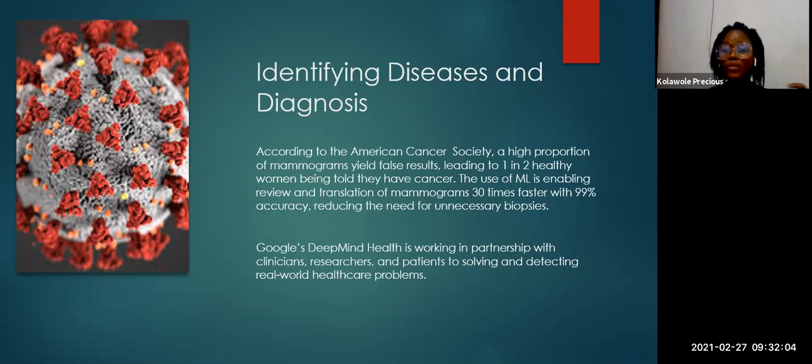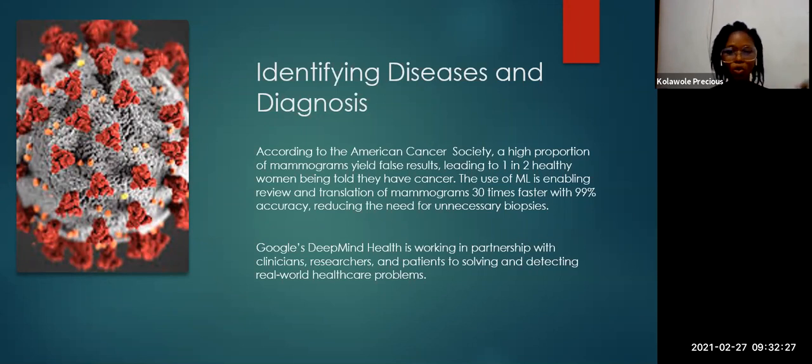The use of machine learning is enabling review and translation of mammograms 30 times faster with up to 99% accuracy. And this is helping in reducing the need for unnecessary biopsies.